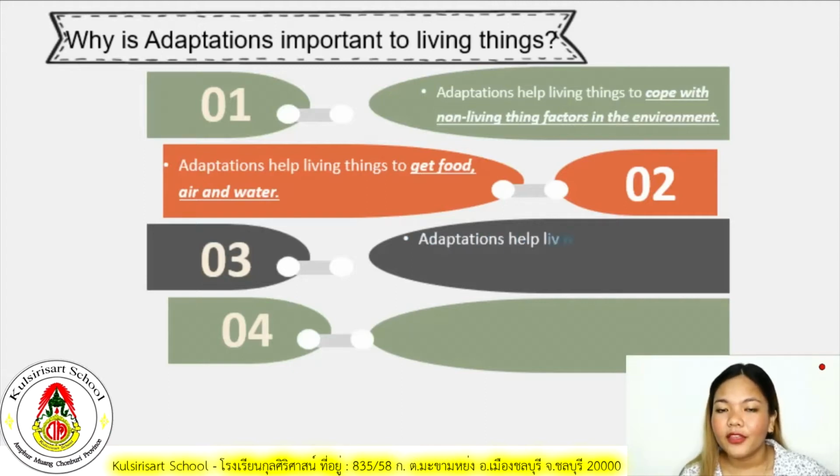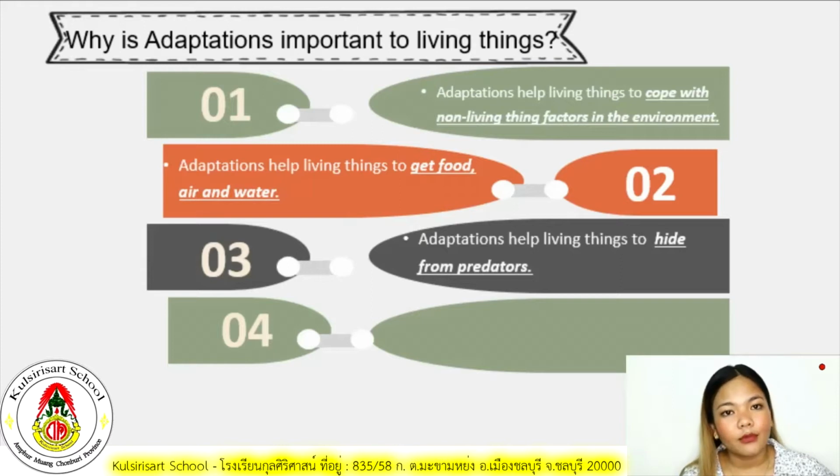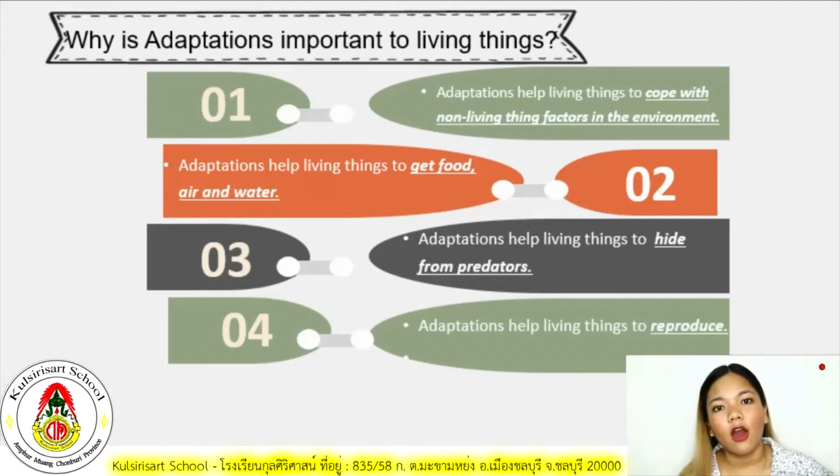The third importance of adaptation to living things is that adaptations help living things to hide from predators. As mentioned in the video, camouflage is one of the adaptations of living things which helps them hide from their predators, or the ones that would eat them. And the last importance of adaptations is that adaptations help living things to reproduce.